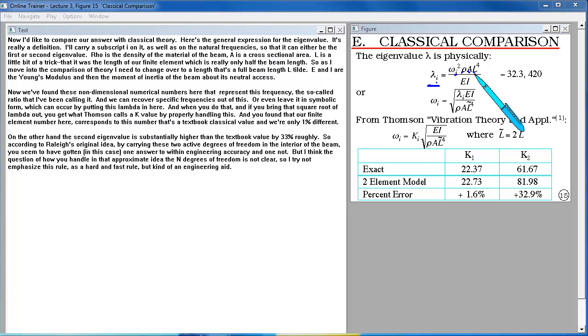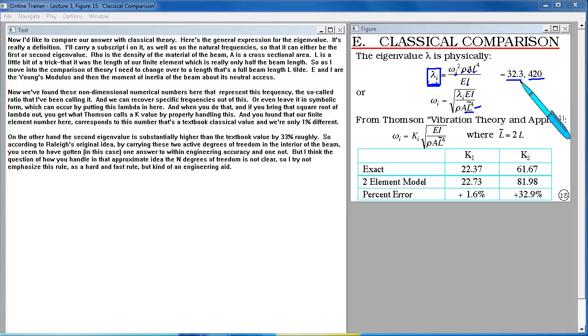So as I move into the comparison with theory, I need to change over to a length that's the full beam length, L tilde. E and I are the Young's modulus and then the moment of inertia of the beam about its neutral axis. Now we found these non-dimensional numerical numbers here that represent this frequency, the so-called frequency ratio that I've been calling it.